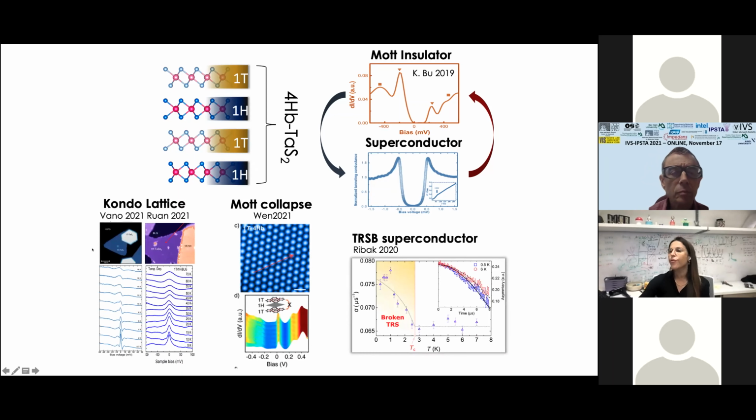It was found to show a Kondo lattice, a Mott collapse, since the 1H suppressed the interlayer coupling between two 1T layers, and then we move from a Mott insulator to a state where we have a flat band just above the Fermi level. Also, muon relaxation experiments have found an increase in muon relaxation that onsets together with the superconductivity, suggesting time reversal symmetry breaking, which suggests that the superconductivity is actually a topological time reversal symmetry broken superconductivity.